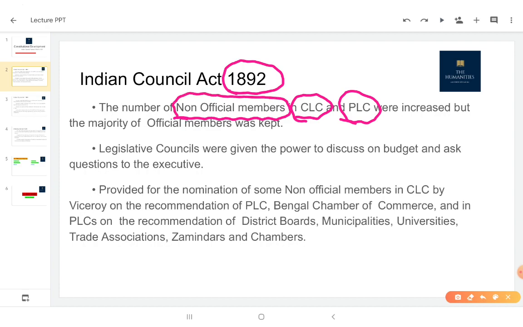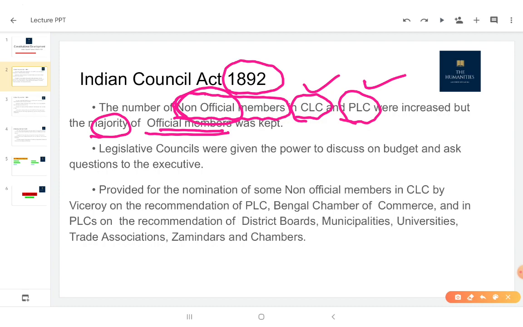So the number of official members would remain the same, but the number of non-official members was increased both in central and in provincial legislative councils. But yes, even after this increase, the majority was of official members only, not the non-official, because among non-official members even Indians were included.